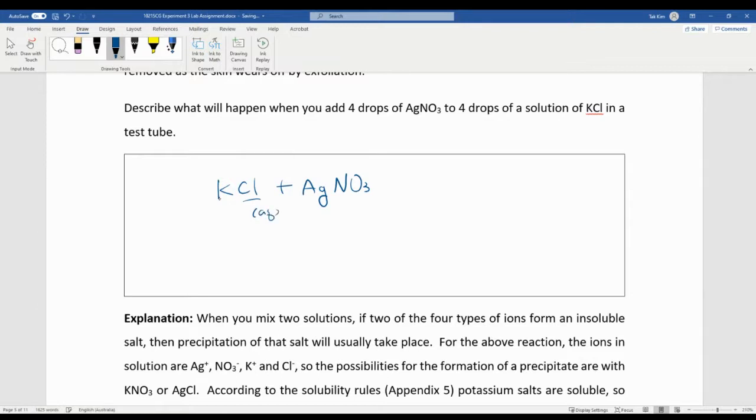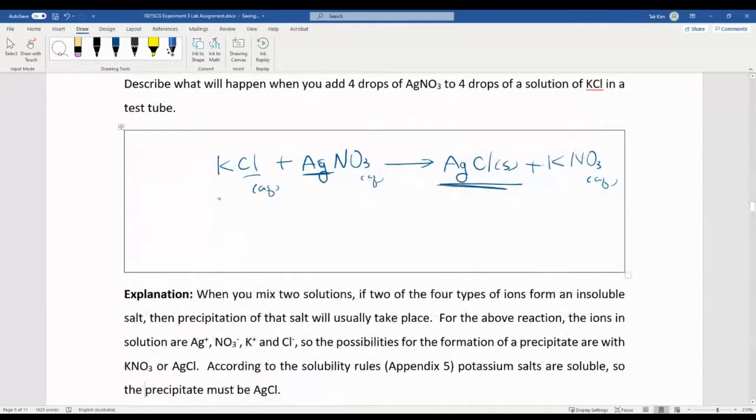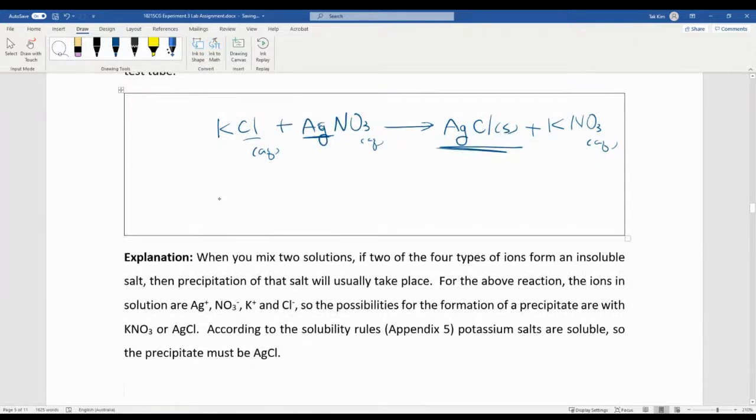Although both are aqueous, once silver is in contact with chlorine, it will form solid, plus potassium nitrate, which is aqueous. So you'll see a sort of precipitation reaction. As soon as you add silver nitrate, you'll see the solution turning a bit murky white, and then eventually it will precipitate.